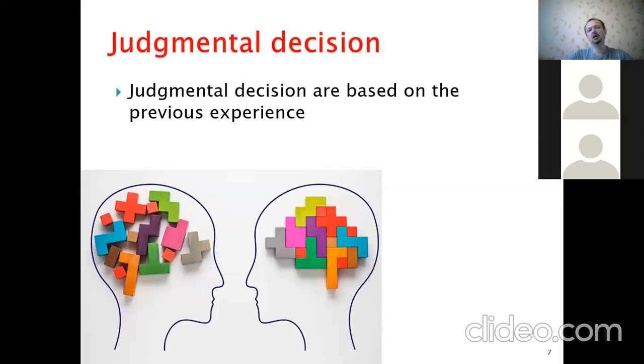Judgmental decision. If in the past it was the same situation and you can analyze the outcomes from this situation, and if the outcomes are suitable for you, you are taking this decision. The main negative characteristic of this type of decision is the following.